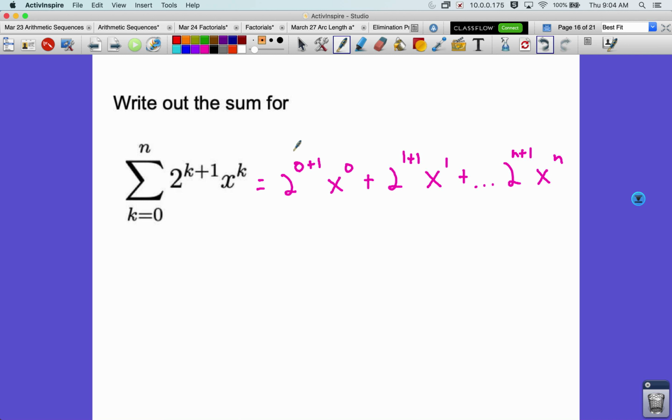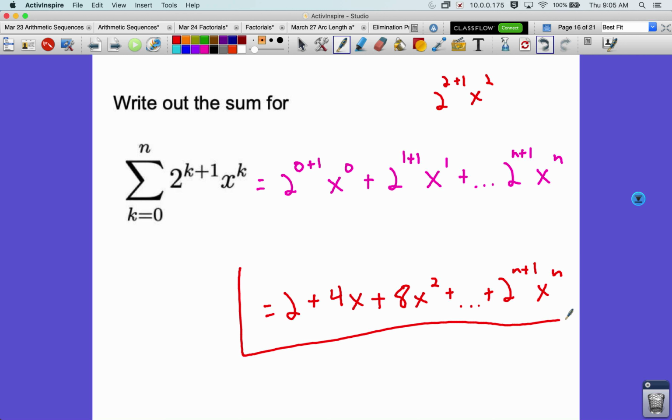And then we'll simplify that where we can. 2 to the first is just 2, x to the 0th is just 1, so this is going to be 2, plus, that's going to be a 4x, plus, let me get one more term in here, 2 to the 2 plus 1, x to the 2, so that becomes an 8, plus dot, dot, dot, plus 2 to the n plus 1, x to the n.